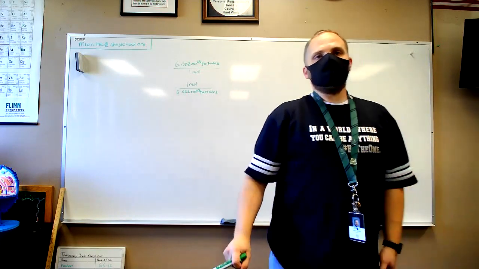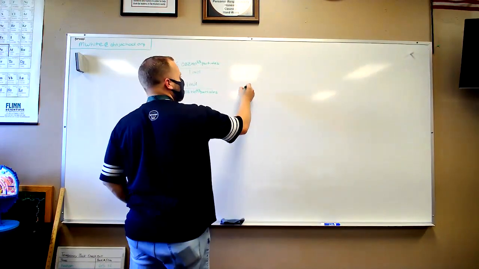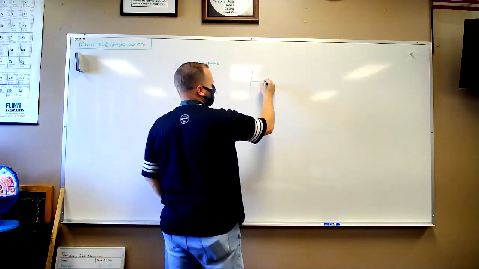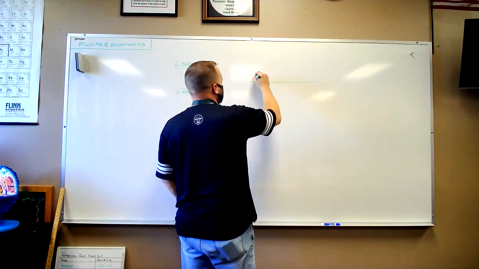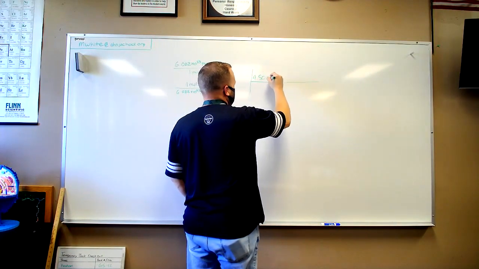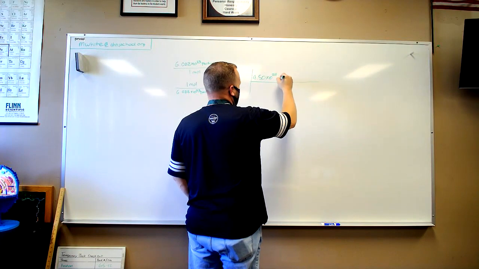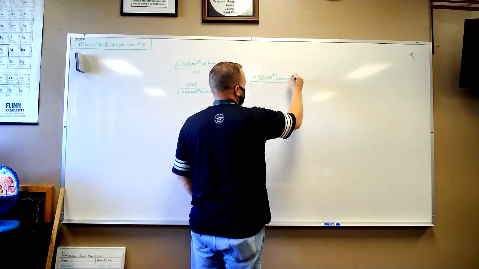Okay. So now, a little bit different. But we still just start with what we know. Okay. We know 4.50 times 10 to the 24th atoms of zinc.